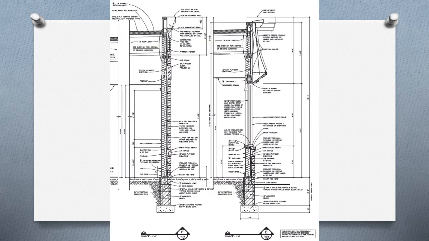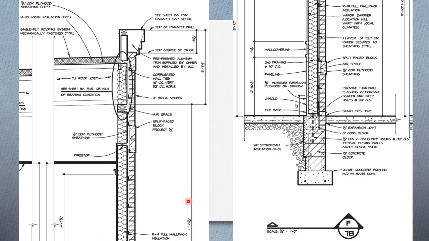So here are those two details on page 7B that we saw from the cutting planes on sheet 3. So we look at it a little more closely. Notice the number 1, 2, 3, 4. These are the courses.